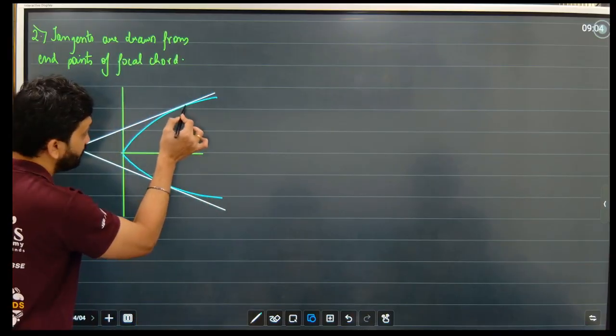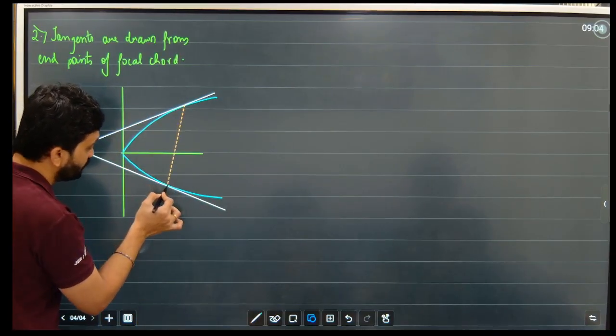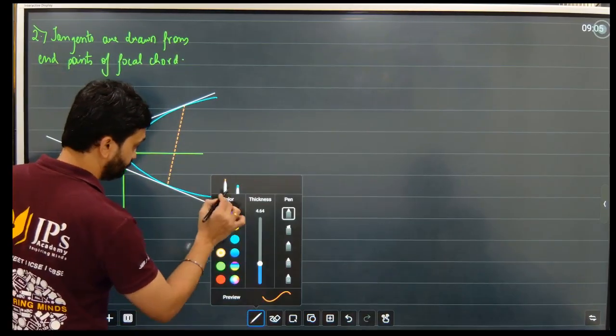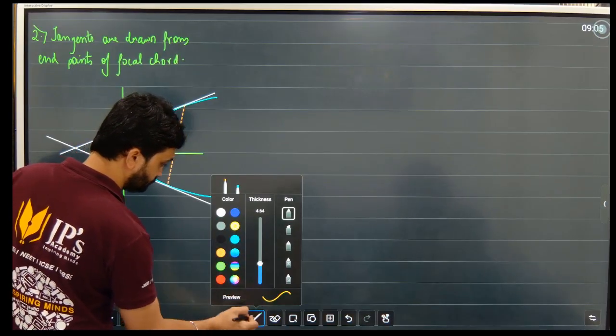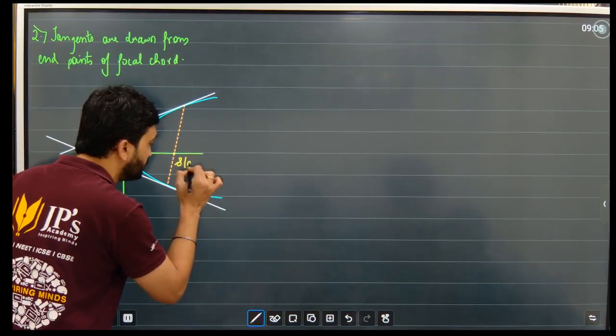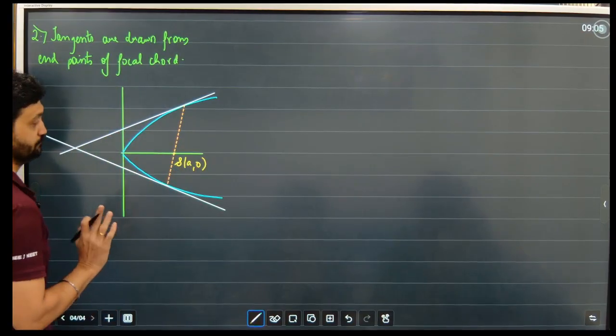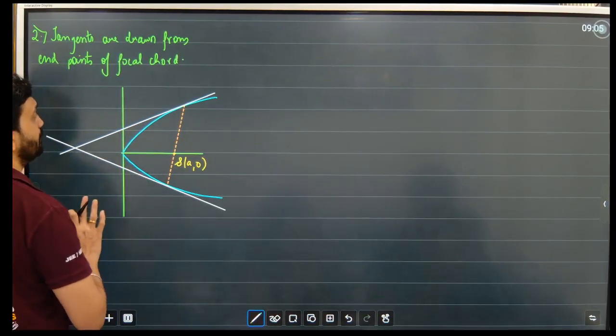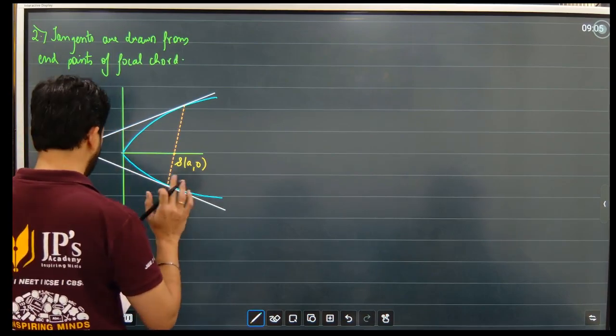Now, we know that the focal chord always passes through the focus. I'll take this point as the focus, that is S(a, 0). Now S(a, 0), my P and Q, I know them as (a t1 squared, 2a t1).